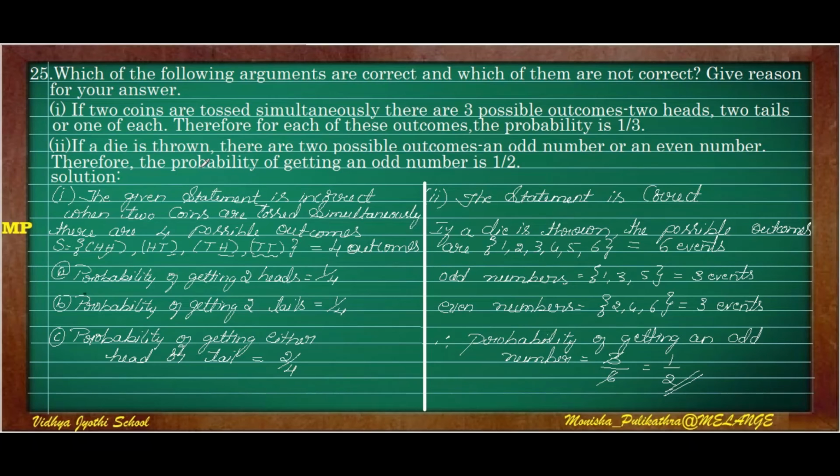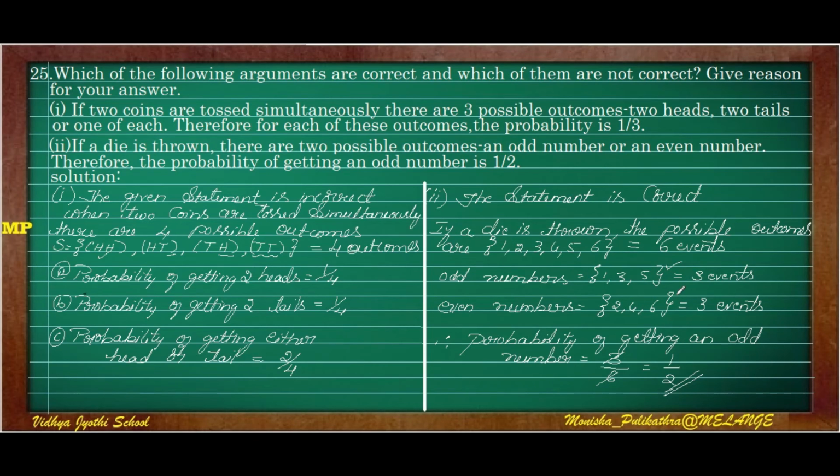Going on to the second one: if a die is thrown, there are two possible outcomes, an odd number or an even number. Therefore, the probability of getting an odd number is 1 by 2. This statement is correct. Why? Because if a die is thrown, the possible outcomes are 1, 2, 3, 4, 5, 6, so there are 6 events. In that, there are 3 odd numbers, that is 1, 3, 5, and 3 even numbers, that is 2, 4, 6.